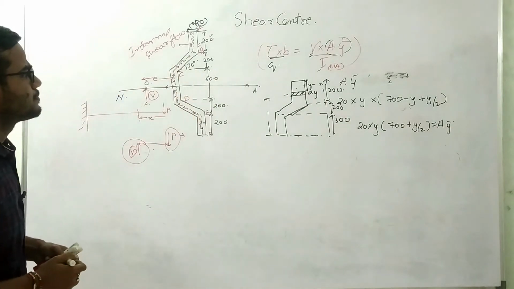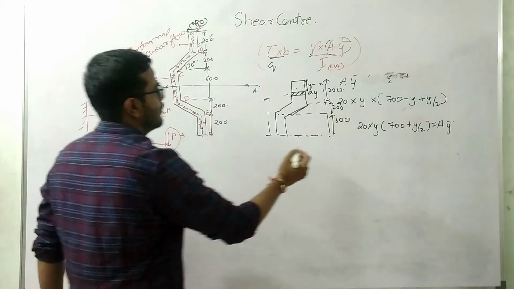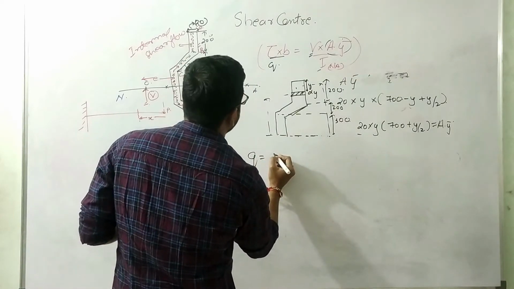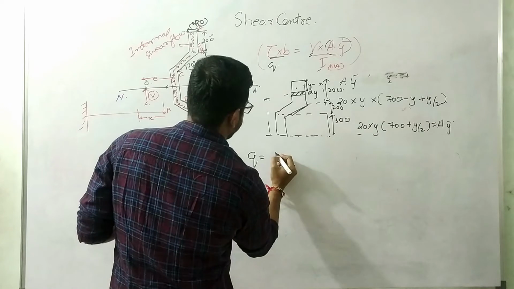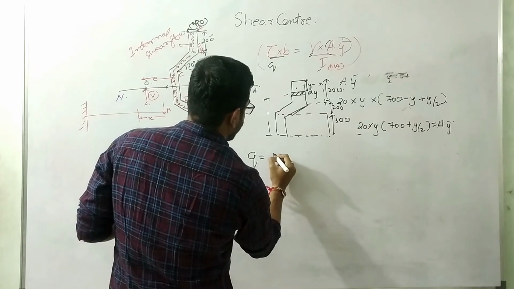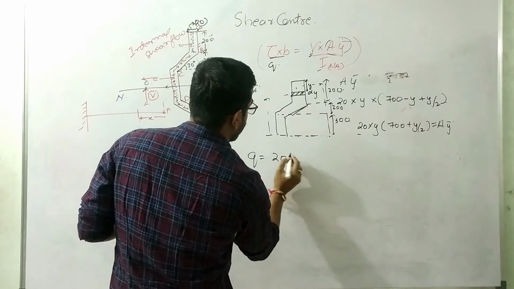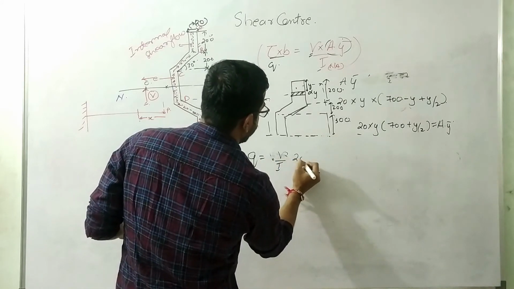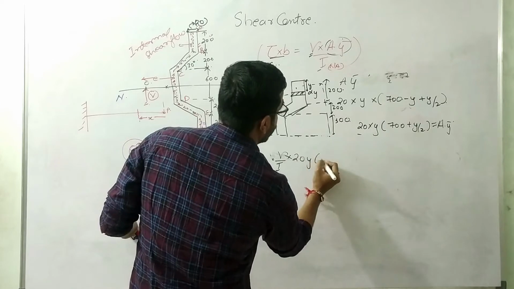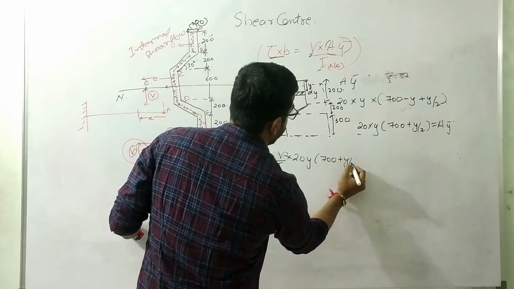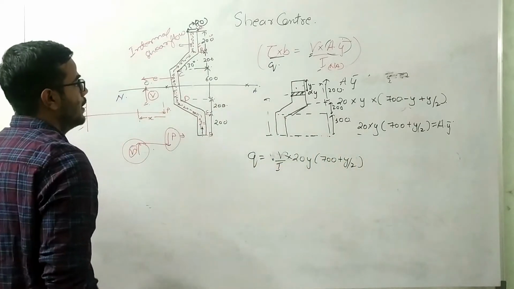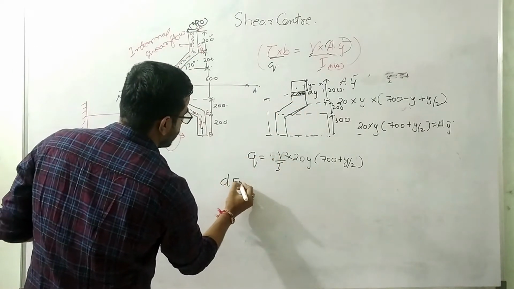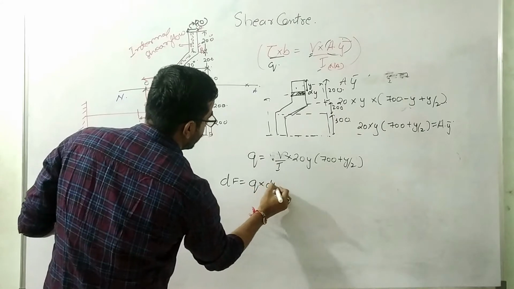Now I'll keep this value in this formula. Q is nothing but V over I into 20 y into (700 plus y by 2). Now for this element, if I calculate the force, dF is nothing but Q into dy.